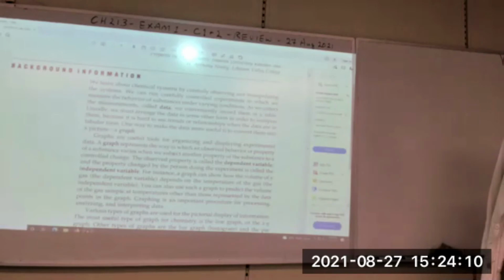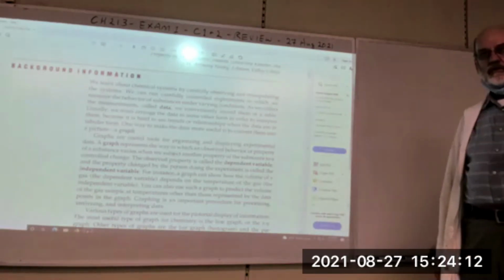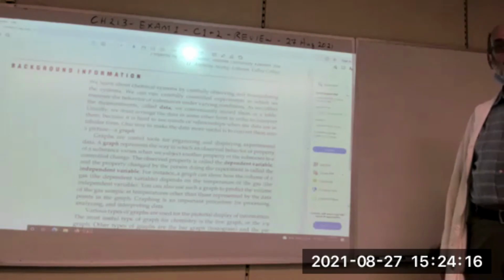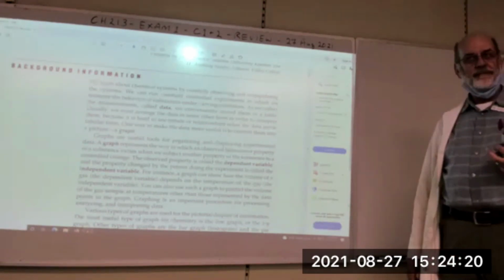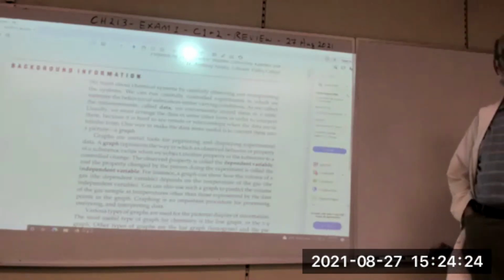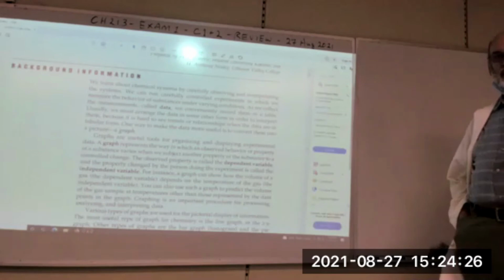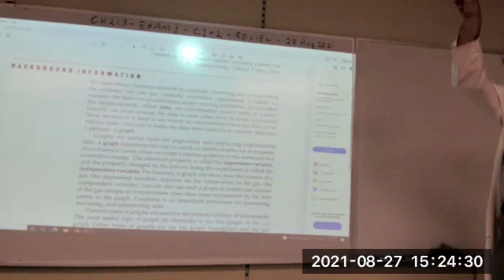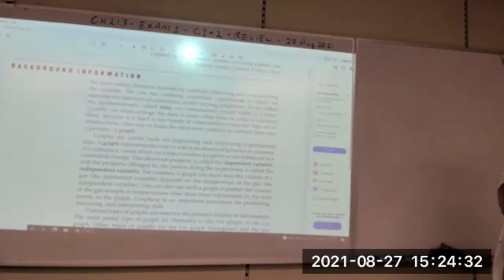You want as many people to view your work, your publication, as possible. And you want to convince as many of those people of your position. So one of the ways you can do that is present your findings in graphical form. Sometimes it's easier to make the point if it's in a graph than it is in just a table of numbers. I've seen both ways.